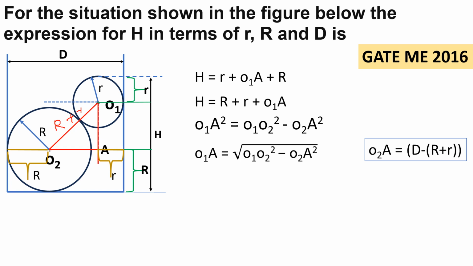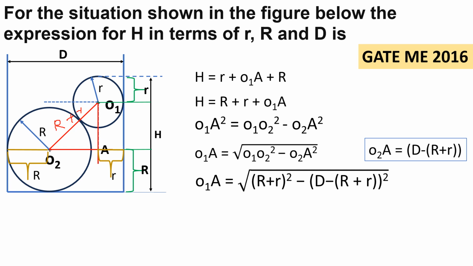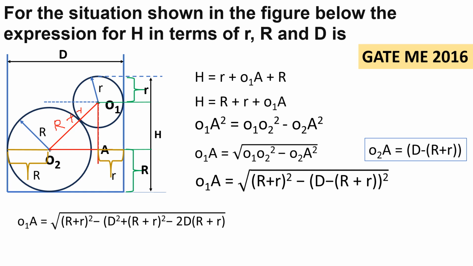Then O1A equal to the square root of capital R plus small r whole square minus D minus R plus r whole square. So this will become O1A equal to R plus r whole square minus, so this we can expand.